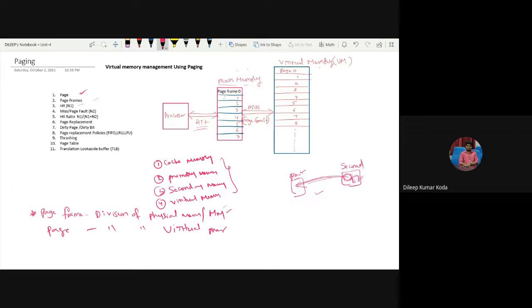Next, hit ratio. What do we mean by hit ratio? We can define the hit ratio as the number of hits upon total attempts.